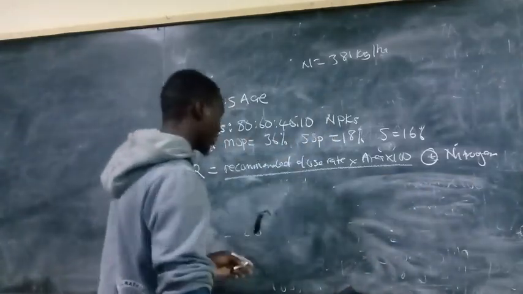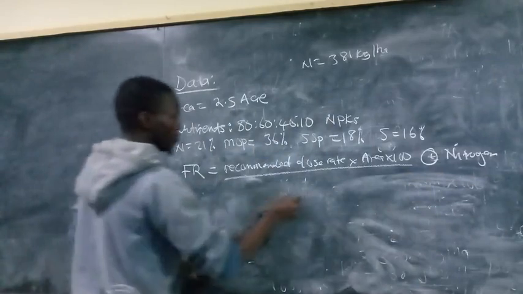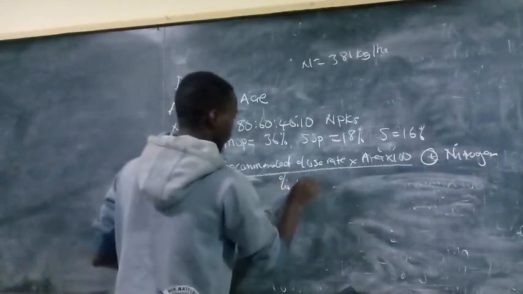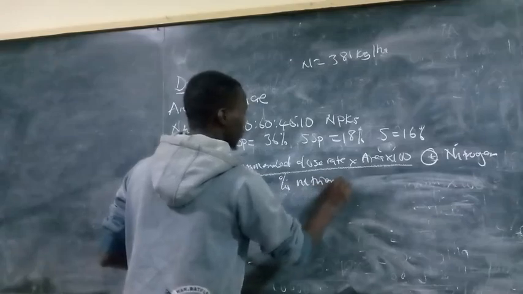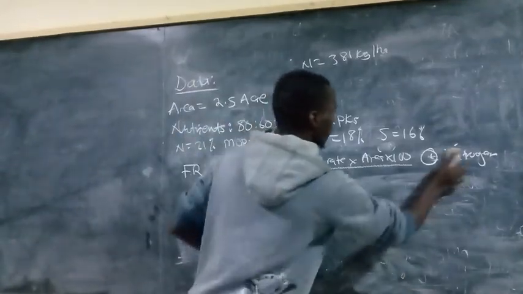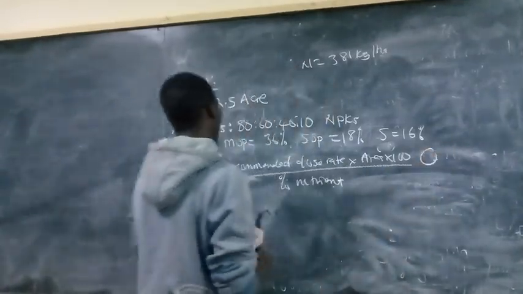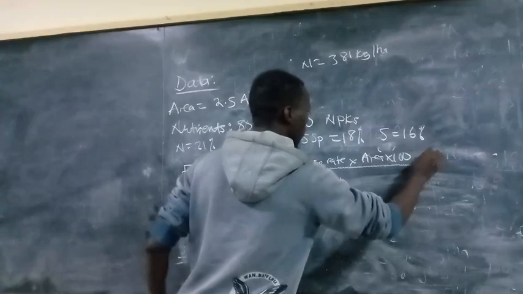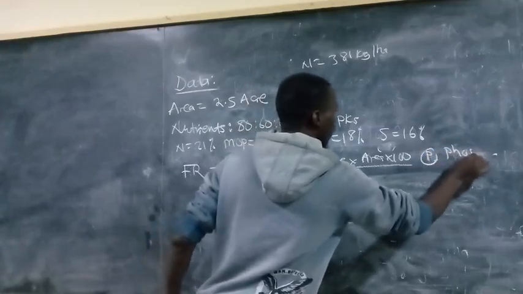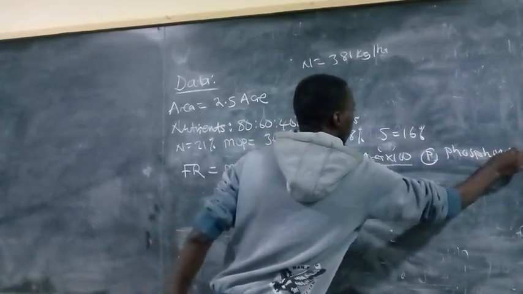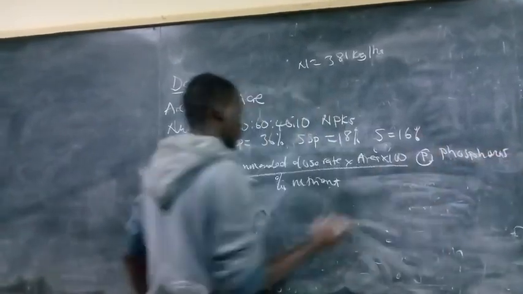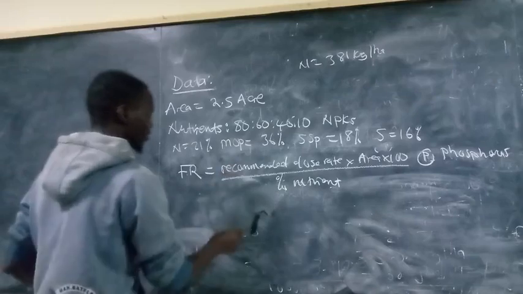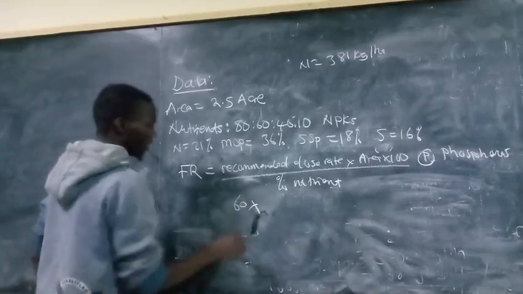Okay, the next nutrient we're calculating for is P, which is phosphorus. So for phosphorus, our recommended is 60 times 1.